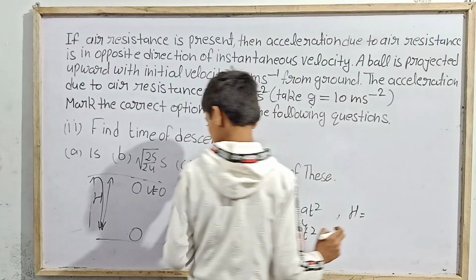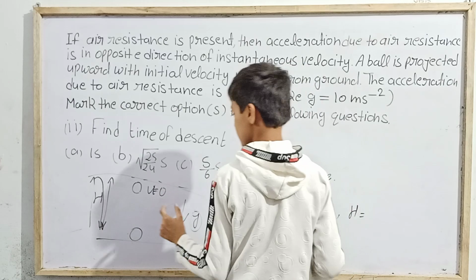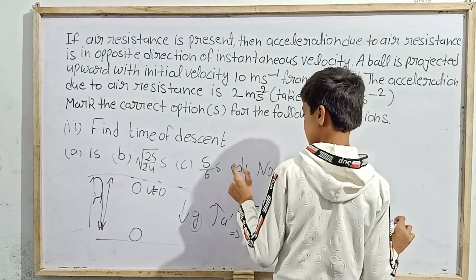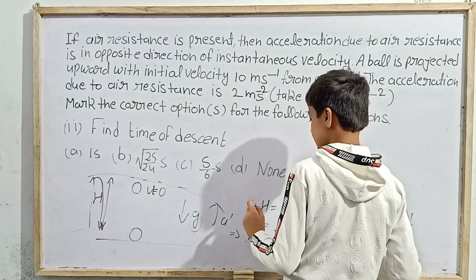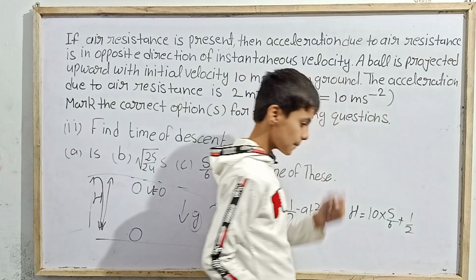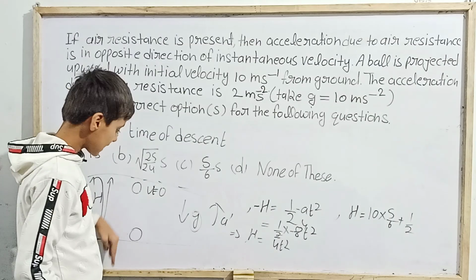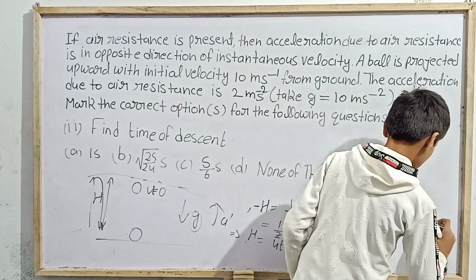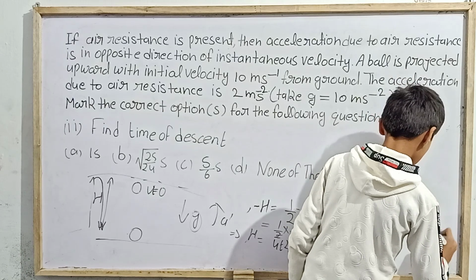So it is going up, then h is equal to ut plus half at square. Initial velocity in the first case was 10. So 10 into time of ascent, 5 by 6, plus half into 12 t square. Why 12? Because in the first case both were getting applied in the negative direction. So half into 12, into 5 by 6 square.